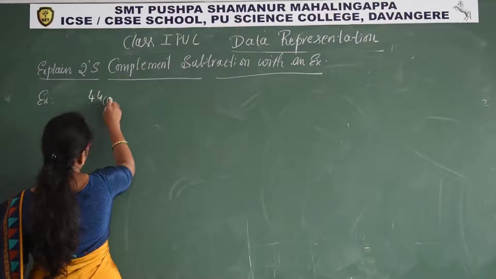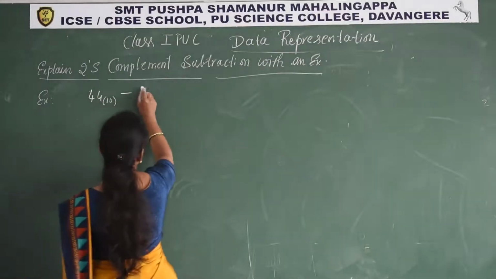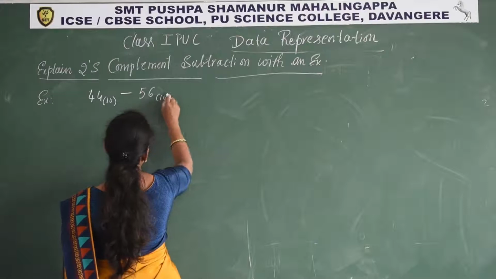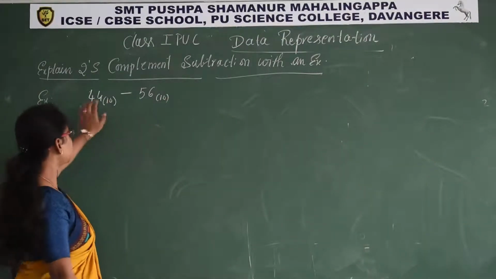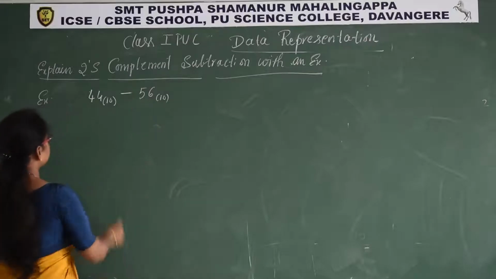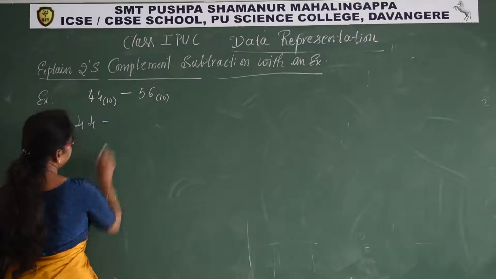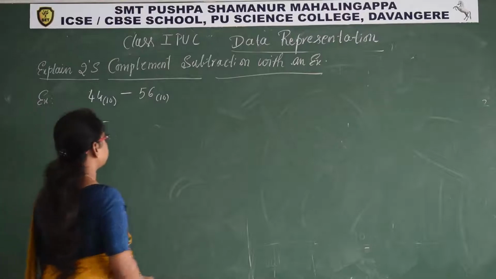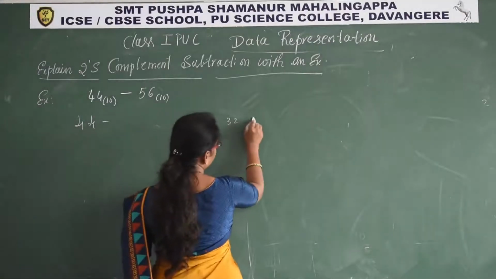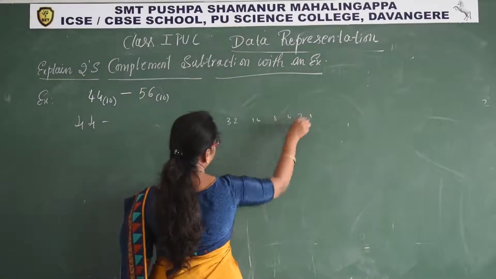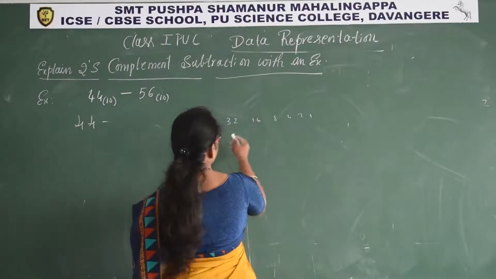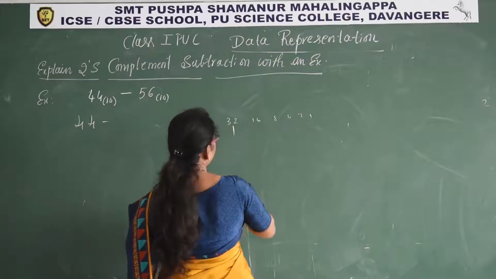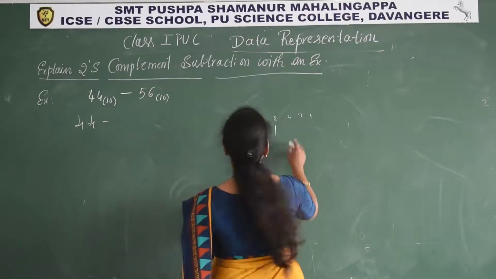44 base 10 minus 56 base 10. So directly we have given 44 minus 56. So this is the minuend and 56 is the subtrahend. What is the binary representation of 44? 32, 16, 8, 4, 2, 1. 32 plus 8 is 40, 40 plus 4 is 44.